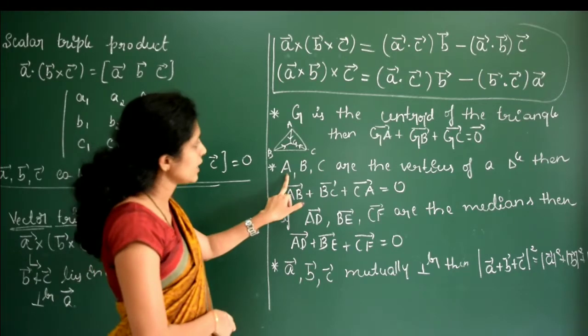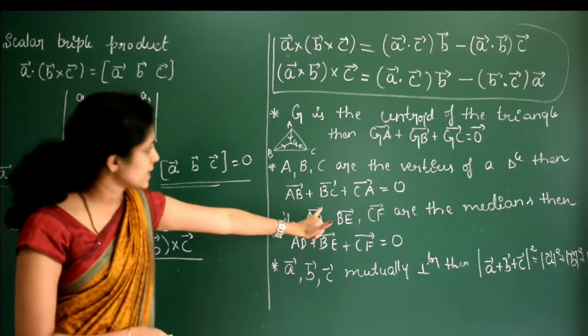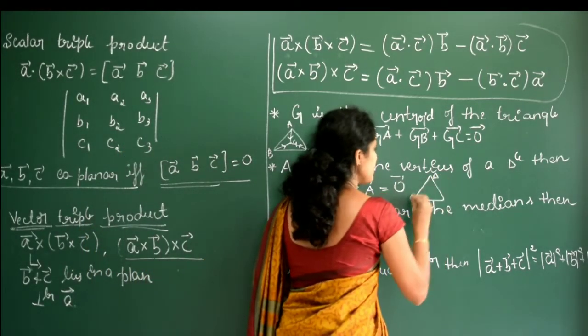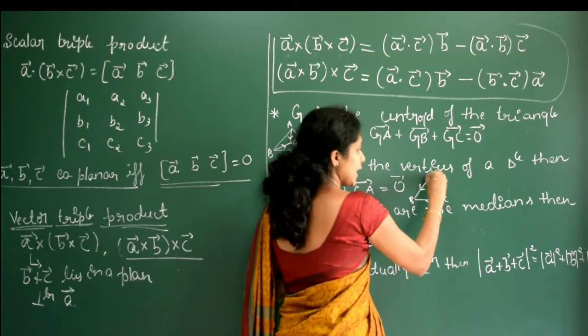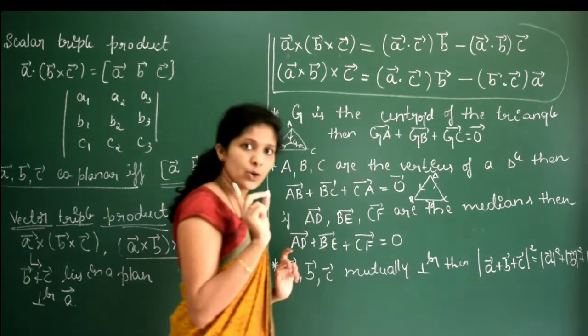And another one, if ABC are the vertices of a triangle, then AB plus BC plus CA will be equal to 0, right? Obviously. See here, A to B, B to C, then C to A. Obviously it will be equal to 0 vector.